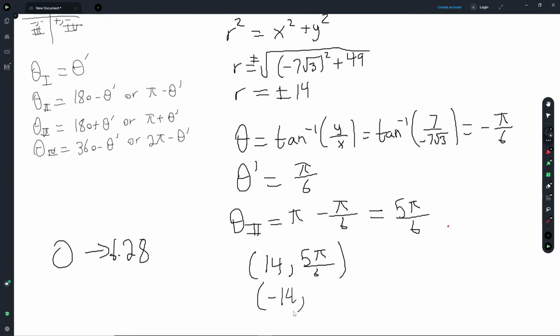So first we'll add pi, so 5 pi over 6 plus pi gives you 5.75, and that is in our range, so it is the answer. But for example, let's say we removed pi instead of adding pi, we will get negative pi over 6, which is not in our range. So the answer is just 14, 5 pi over 6 and negative 14, 5.75.